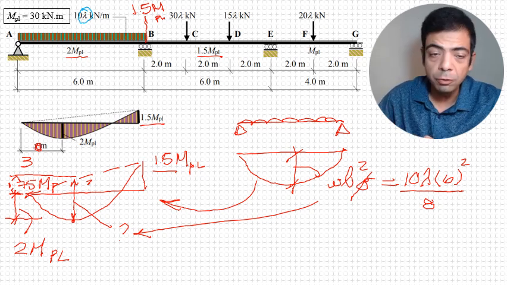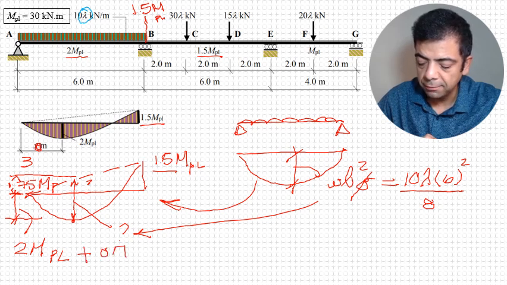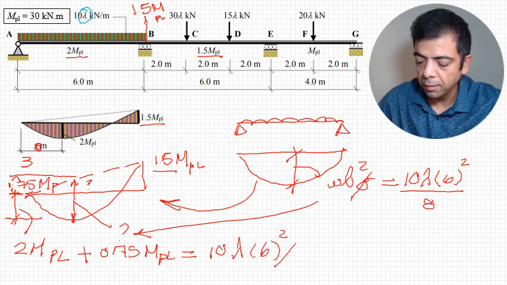I'm going to say 2 M plastic plus 0.75 M plastic. This has to equal 10 lambda 6 squared divided by 8.